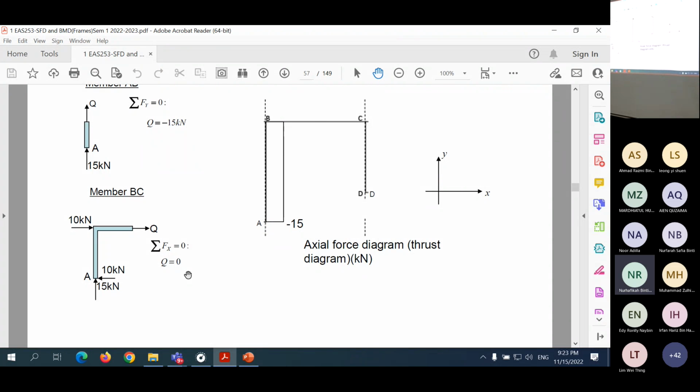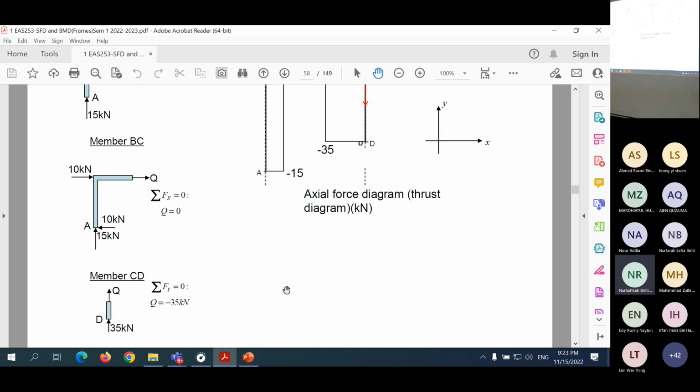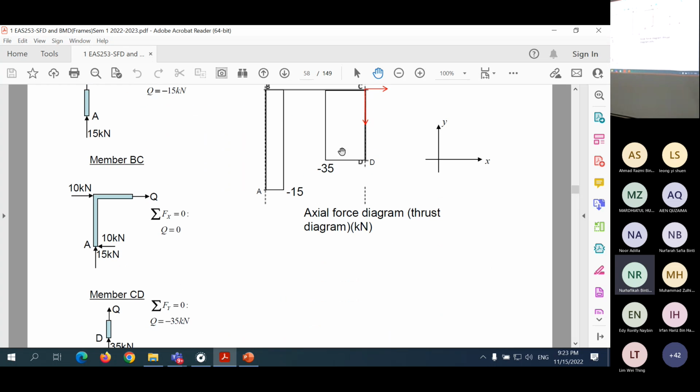And then finally, the last one here. We cut here, but we don't use this part; we use this part only, which is this free body diagram here.